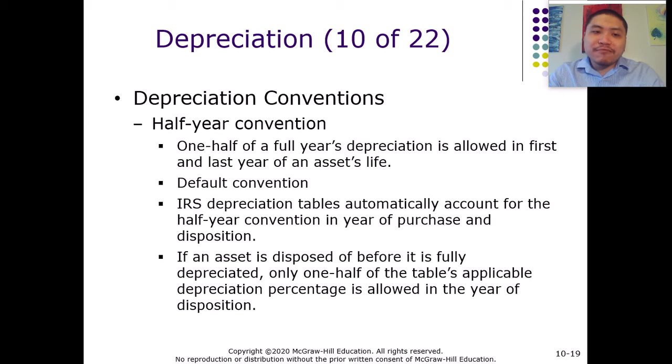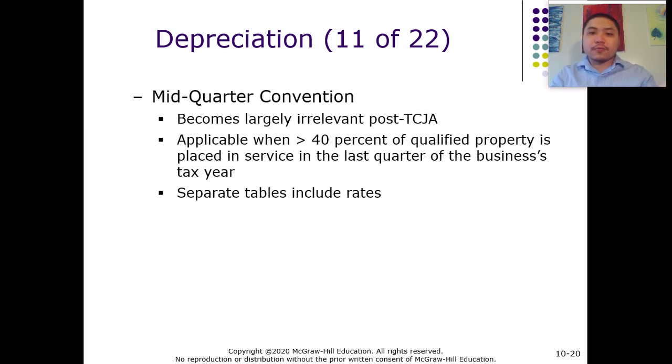For half-year convention, we depreciate half a year's worth of depreciation expense for the year of acquisition of the asset. The second convention allowable for personal property is the mid-quarter convention. Depending on the quarter in which the asset is put into service, we can apply the right quarter.